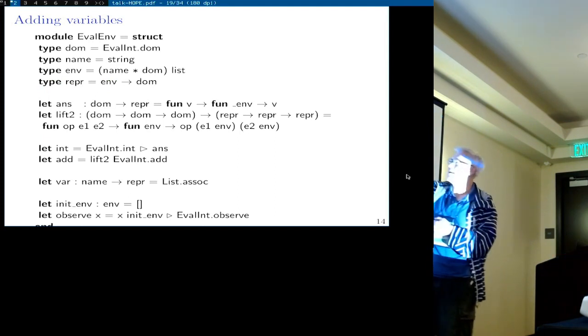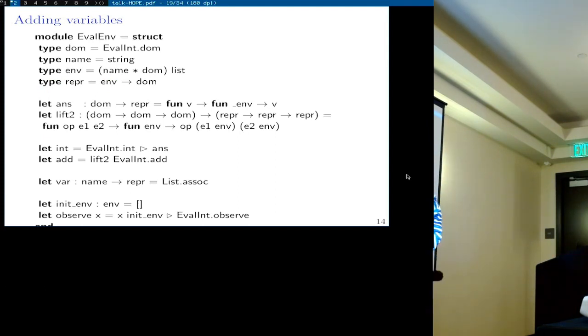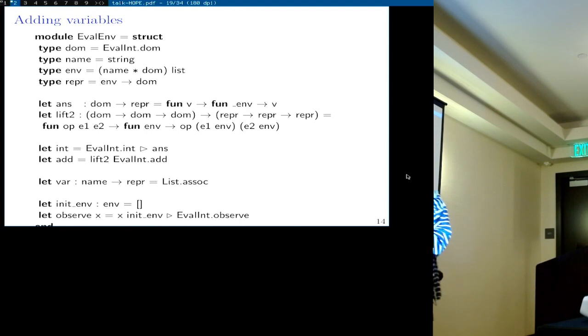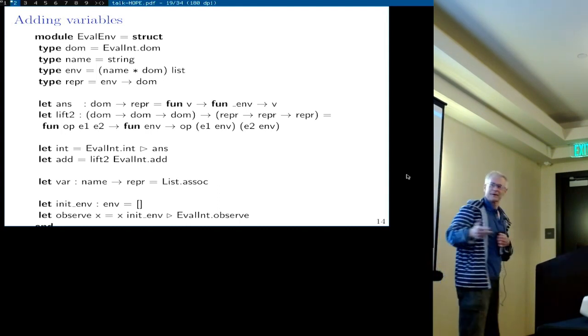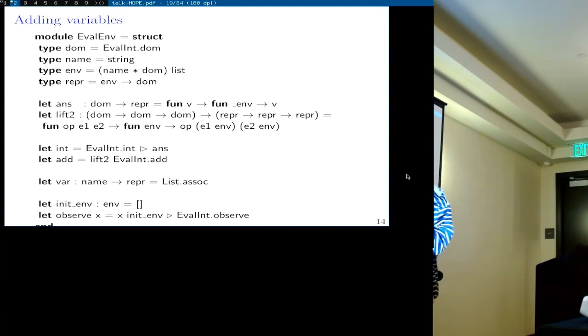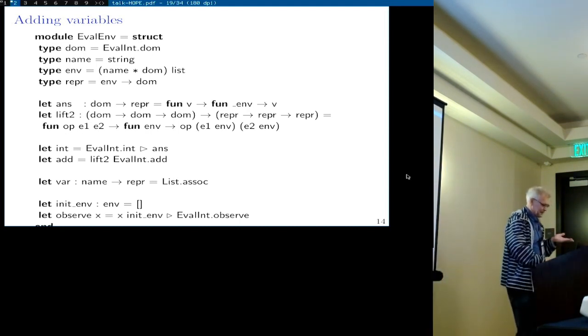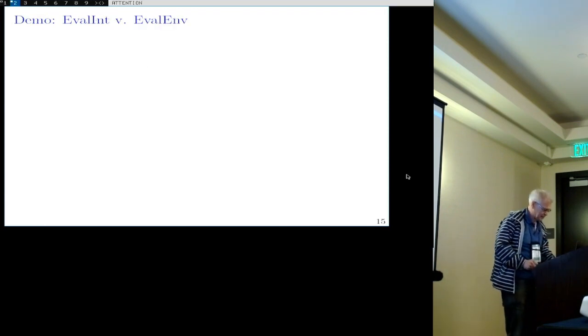We introduce an environment, an associative list from names to what the variable denotes. There's some lifting: we have to lift int, and lift add, to the new domain. You use the previous interpretation and lift it wholesale, redefining all the definitions by referring to the previous ones. Again, everybody knows how it works.